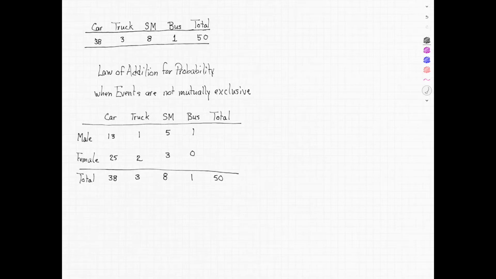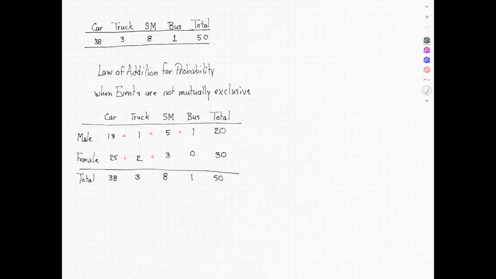So let's check our table going the other way. How many males do we have? Well, we have 13, plus 1 more is 14, plus 5 more is 19, 1 more is 20. So we have 20 males. And let's do that again. For our females, we have 25 plus 2 is 27, plus 3 more for 30.